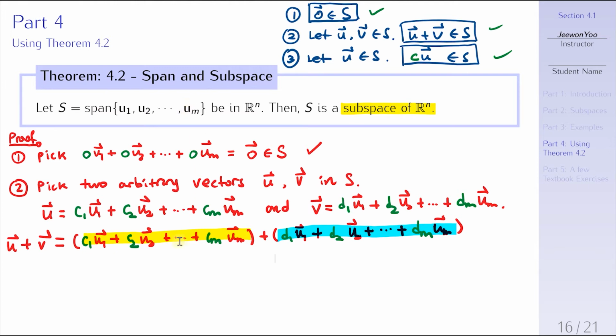In other words, if we can show, after adding these two vectors, that the result is also a family member in the family, then we're happy to put a check mark for the second condition here. You can combine the like terms: c1 plus d1 times u1 plus c2 plus d2 times u2, and so on.